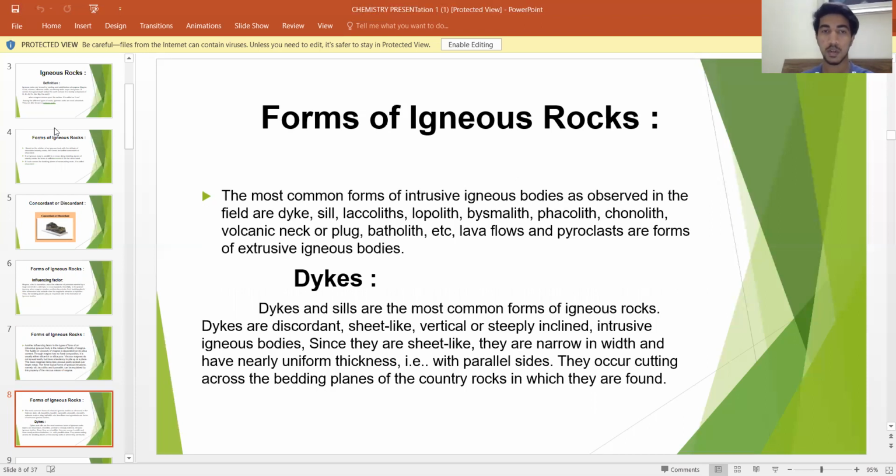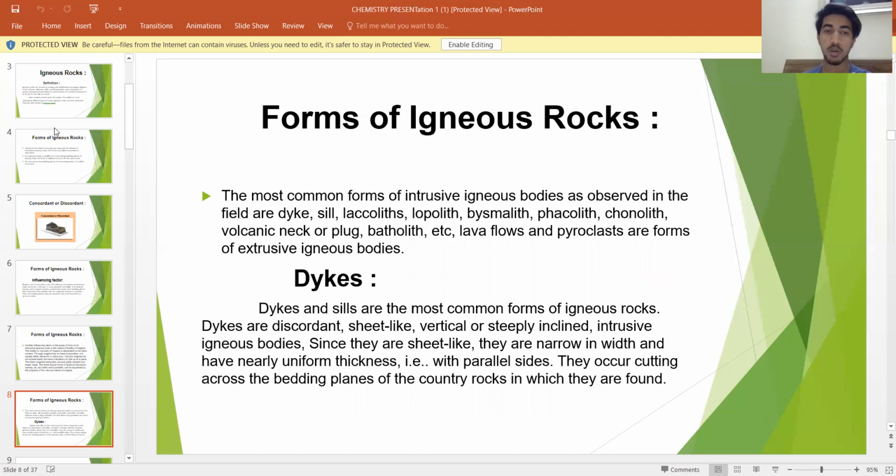So we will discuss the most common types of igneous rock bodies that are found. These include dikes, laccoliths, lopoliths, batholiths, and lava etc. These are forms of igneous intrusive and extrusive bodies.